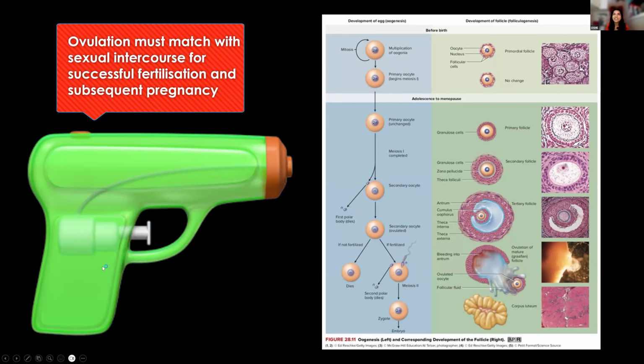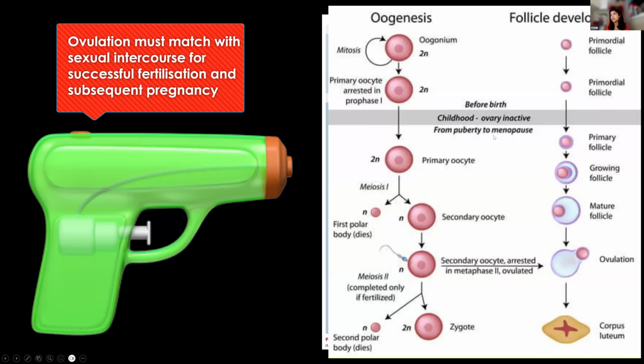Of course, ovulation has to match up with sexual intercourse in order for there to be a successful pregnancy. What I mentioned earlier, oogenesis and folliculogenesis, I've got this diagram as well, and you can see the release of the polar bodies in this diagram.